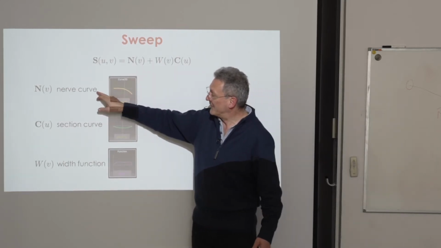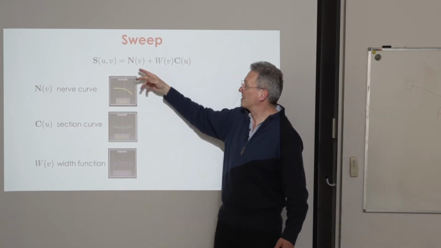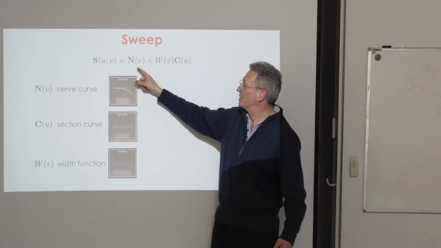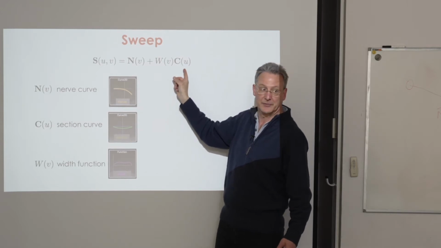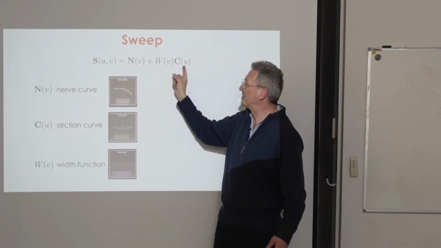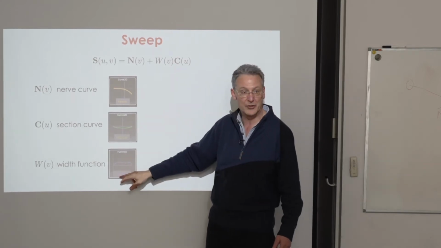And if n and c are the curves, the surface is constructed by summing the first curve with the second curve, and this depends on two different parameters, and the second curve being scaled according to the width function.